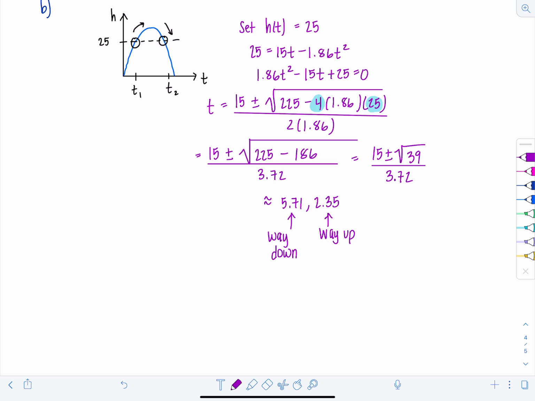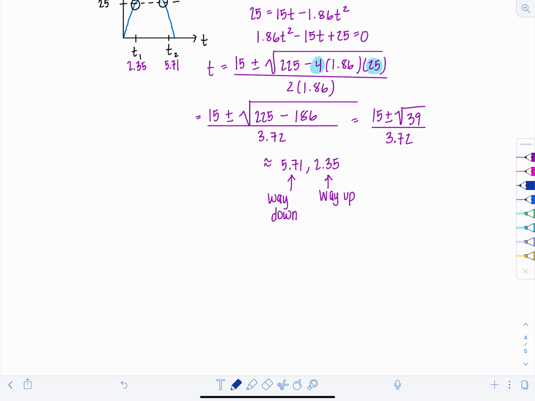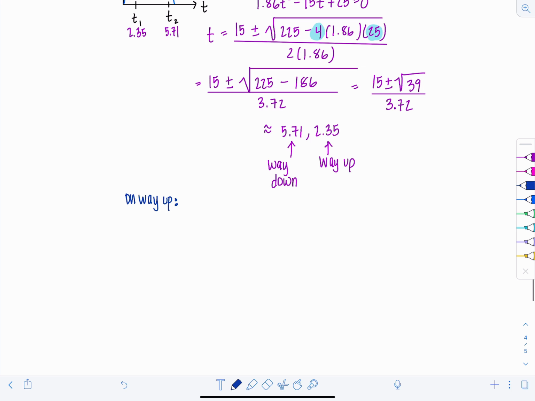All right, so we got these times. This is 2.35, this is 5.71, and then remember the problem asked us what the velocity was at each of these times. Okay, so now we just have to plug them into the velocity function. So let's do on the way up. The velocity function, here I'll rewrite it here so we have it.